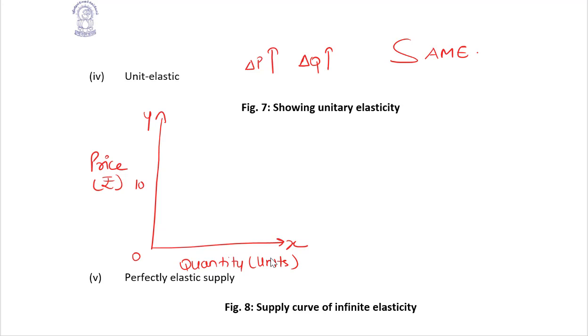This is price, that is 10. Supply is 100. Supposing it changes from 10 to 20, that is 100% change. There would be a 100% change in the quantity supplied. So this difference and this difference will be same. This is delta P, this is delta Q.